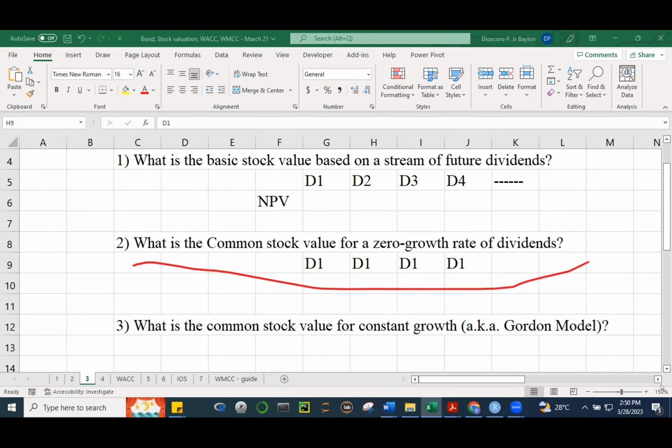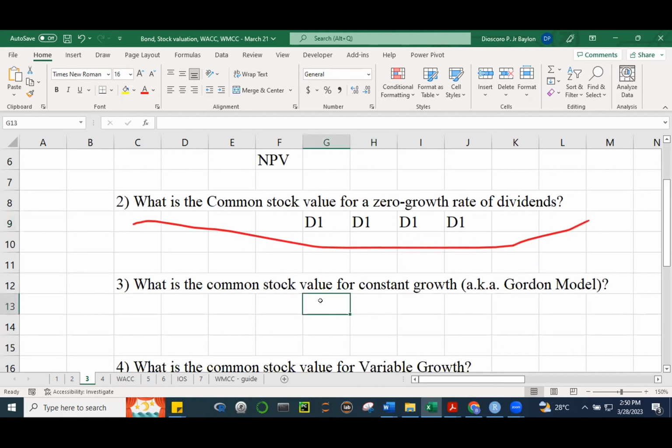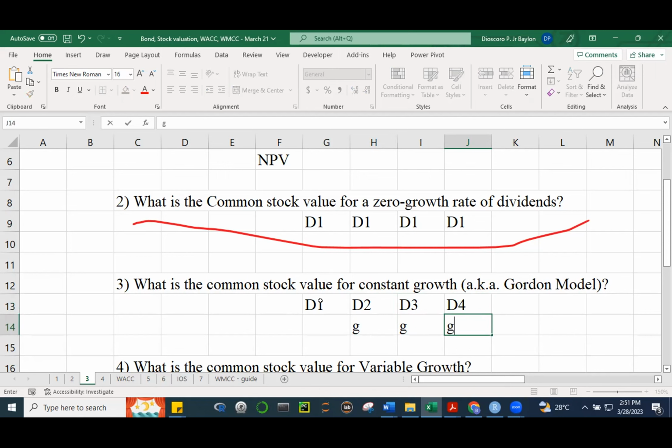Then how about if it's a constant growth rate? So your dividends is growing by a constant growth, let's say G. So if this is D1, then D2 will be based on D1 plus a certain factor G. And then D3 will be whatever your D2 is, let it grow also by G. Then D4 will be whatever D3 is, then let it grow by G. So this is what you call the constant growth model.